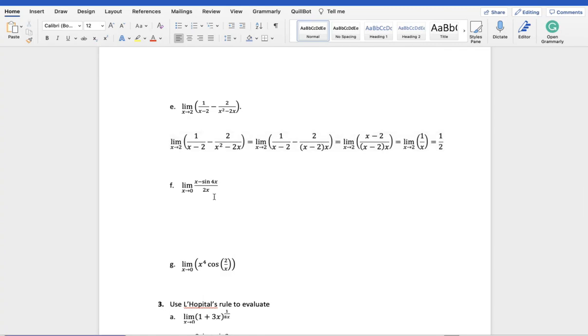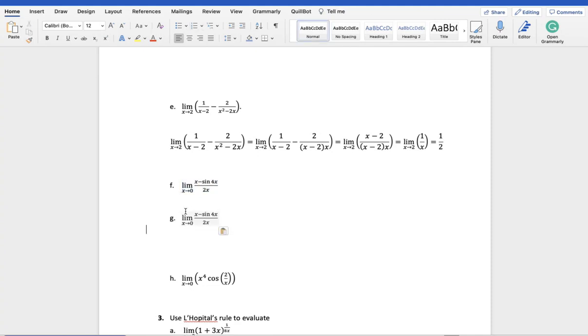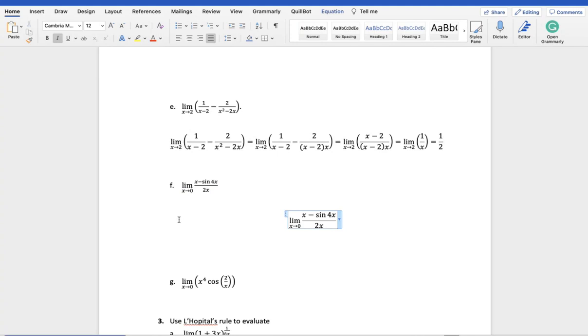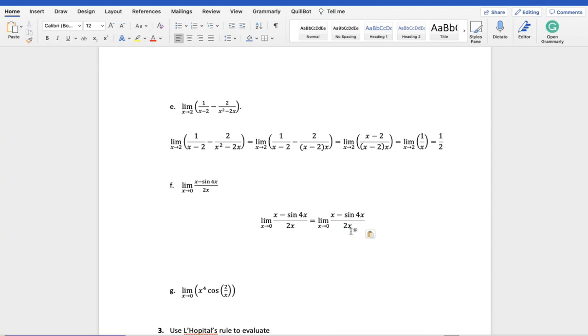Right, so next, if you look at the limit as x tends to 0 of x minus sine 4x over 2x. Here, you have to use a little bit of manipulation as well. The first thing that you can think of is to separate the two terms into two separate fractions.